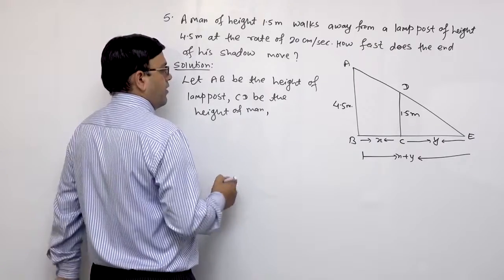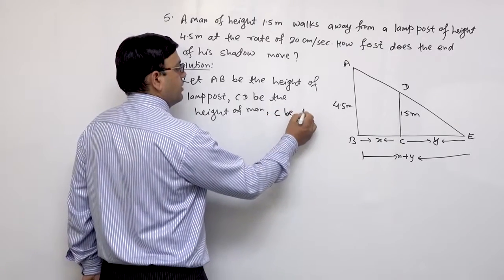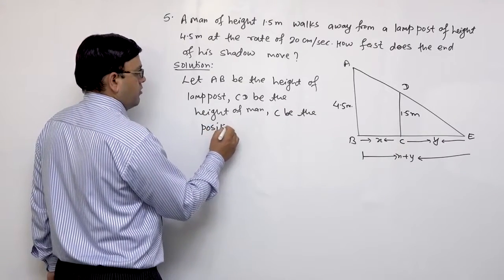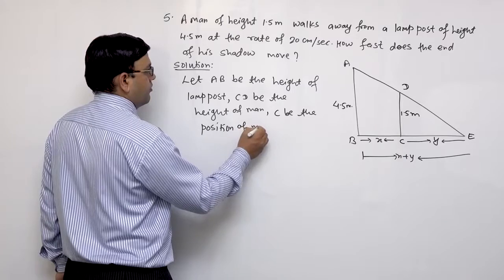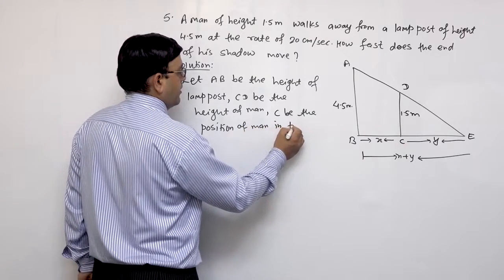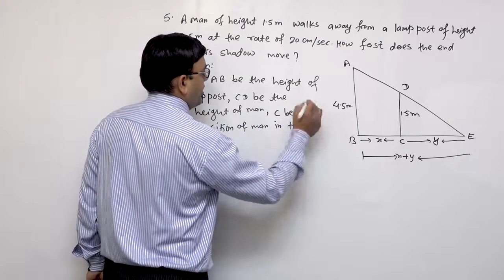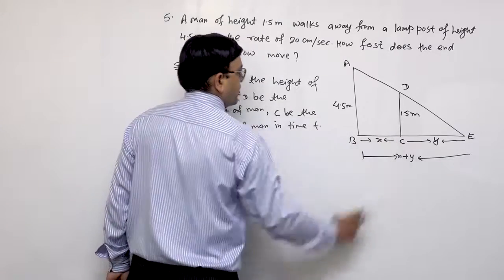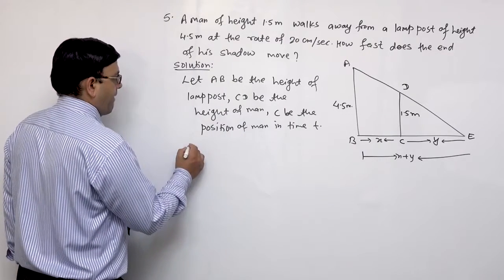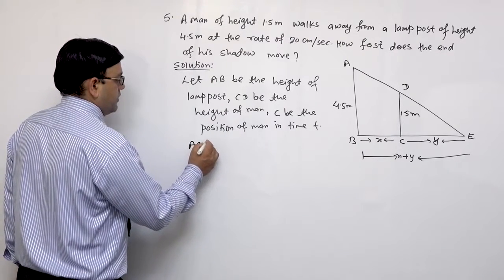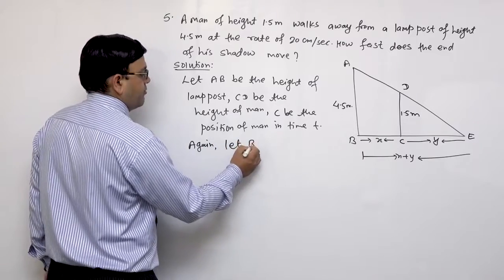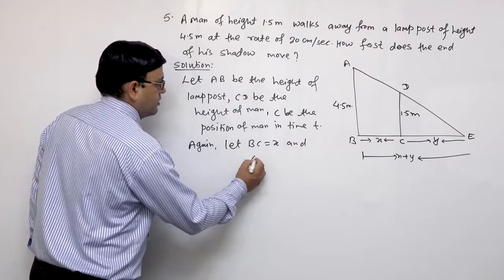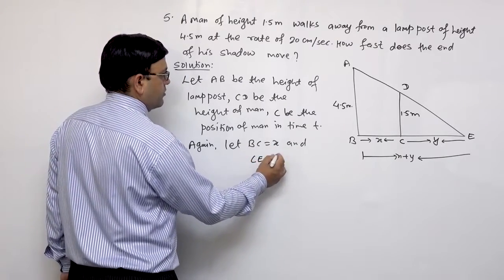C be the position of man in time t. Again, let BC is equal to X and CE is equal to Y.